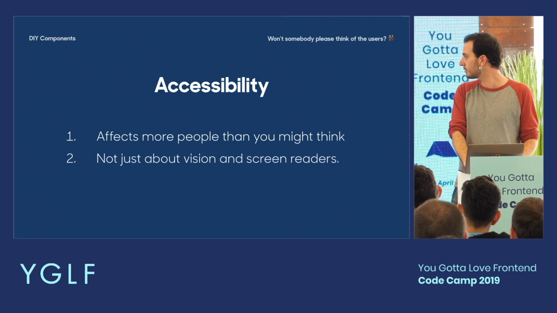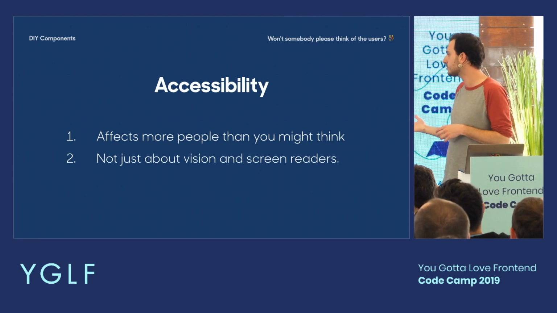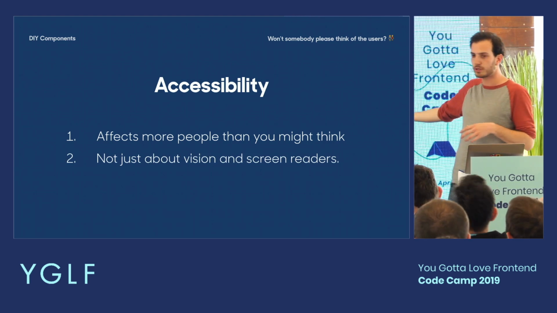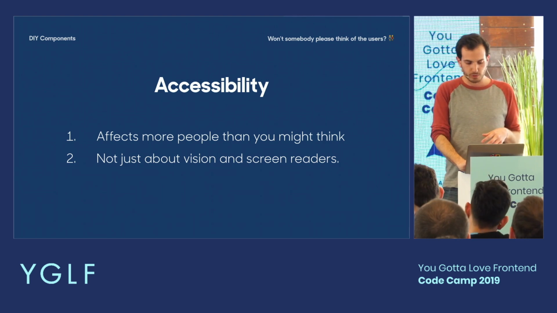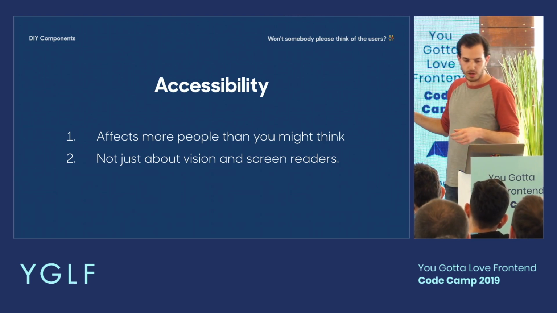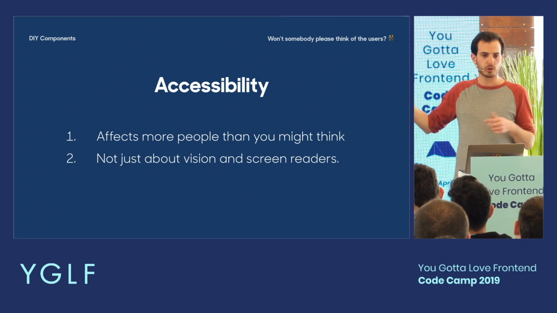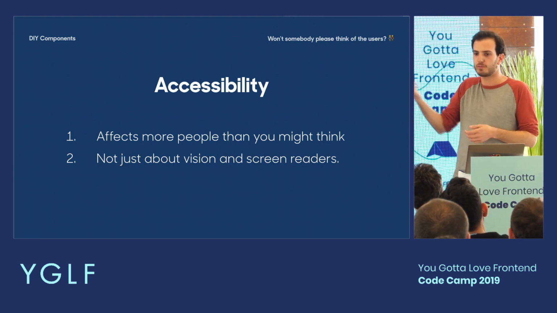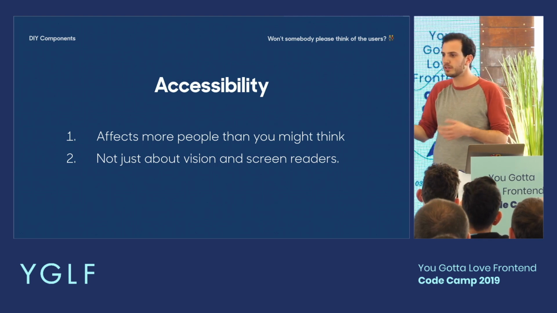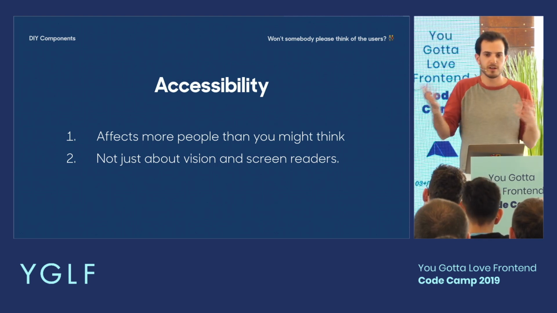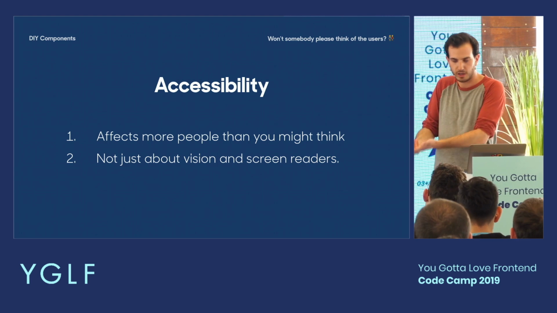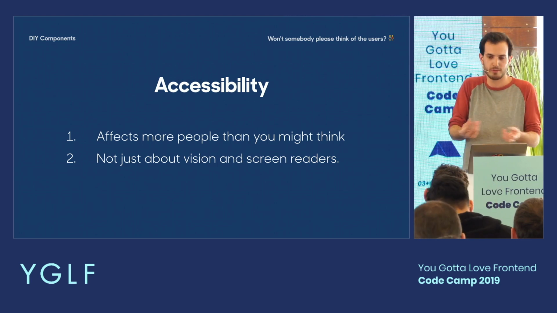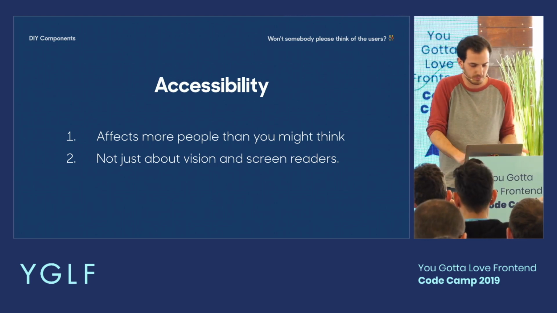My second point, accessibility is not just about vision or screen readers. For example, you have people with motor or cognitive or auditory disabilities. With somebody with an auditory disability, most of the time they'll be fine. How to help their situation will be mostly about closed captioning on videos.